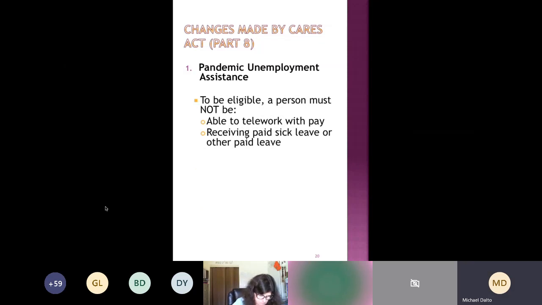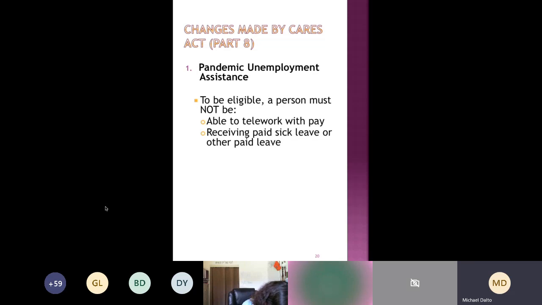Now, there are a couple of circumstances in which a person would not be eligible for pandemic unemployment assistance, even if they met one of those 10 criteria and they were employed, partially unemployed, or unavailable to work. And those two are, if the person is able to telework with full pay, then they won't qualify for pandemic unemployment assistance.